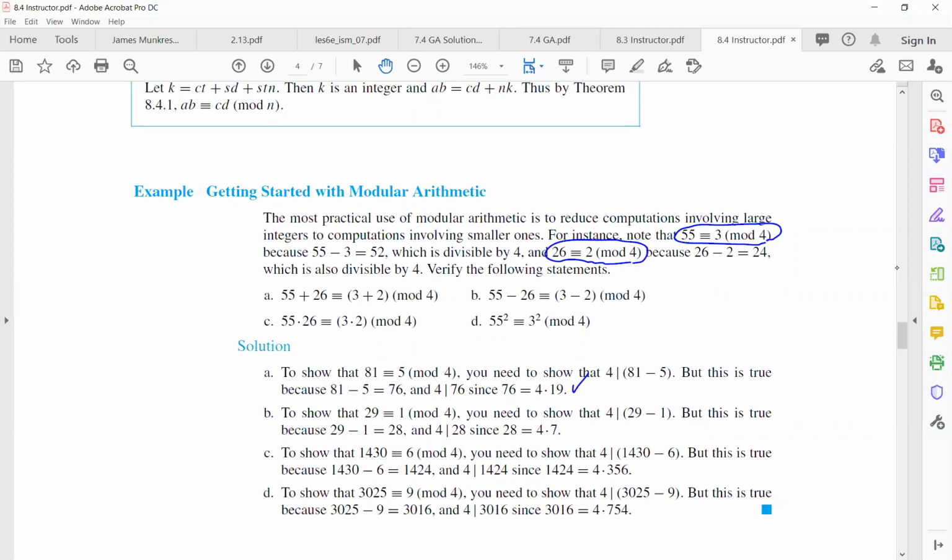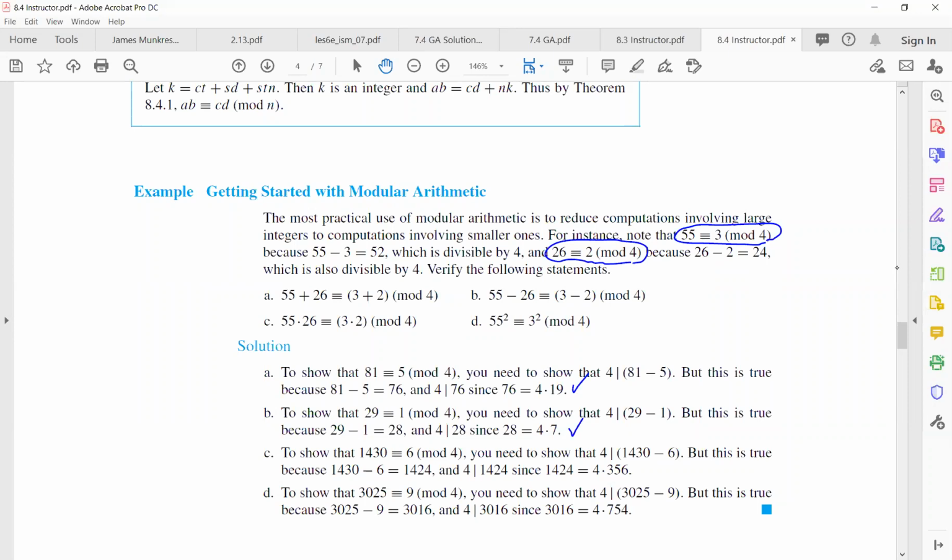What if we subtract these two? 55 minus 26. Is this going to be congruent to 3 minus 2 mod 4? It means, does 4 divide the difference between these two numbers, the difference between 55 and 26 and the difference between 3 and 2? So, of course, 4 divides 29 minus 1. What if we multiply these two numbers, 55 and 26?